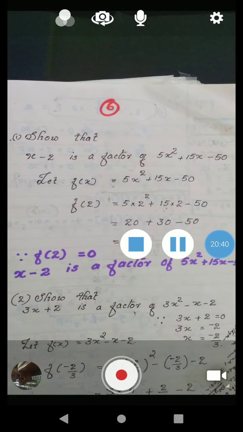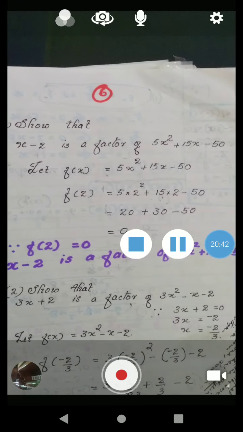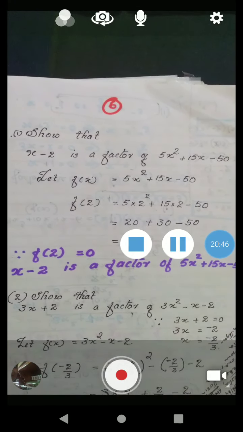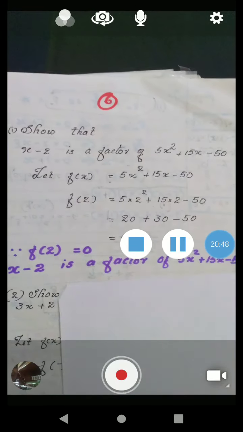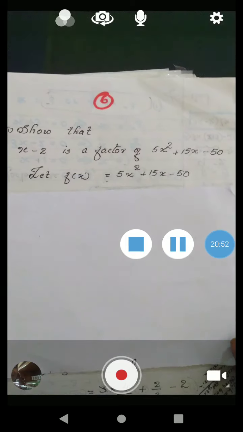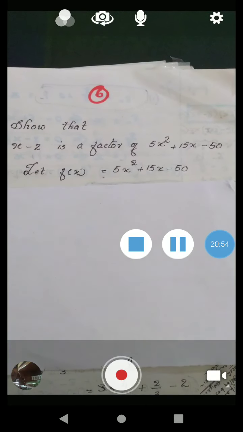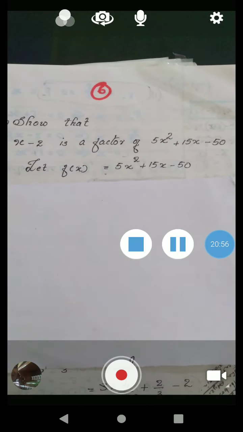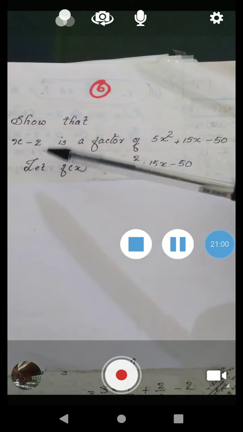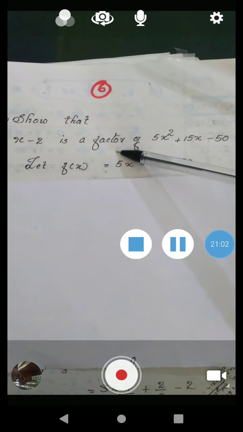Now, second question. First subdivision. Show that x minus 2 is a factor of 5x squared plus 15x minus 50. How can we show x minus 2 is a factor?